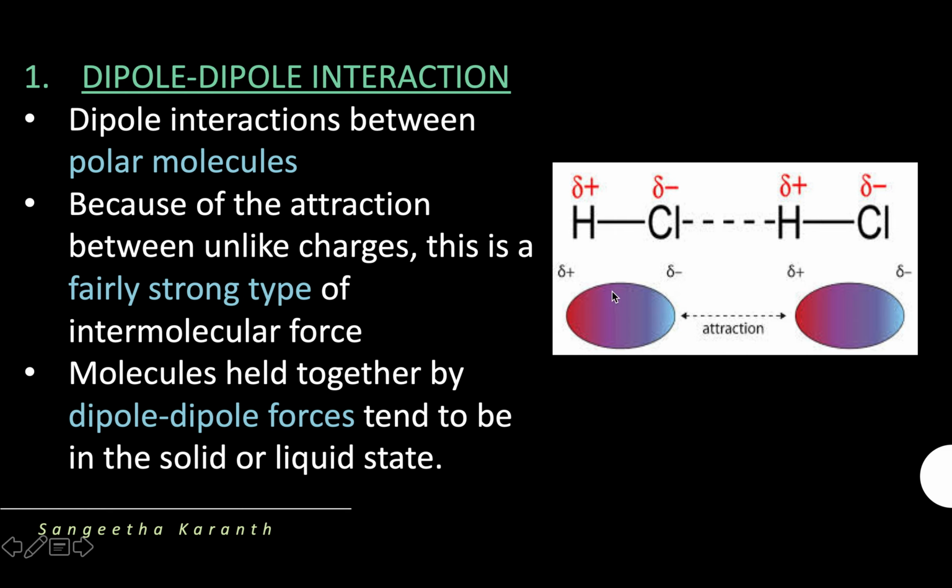Because this is a dipole formed by the separation of charges, and this is one more dipole formed by the separation of charges. The interaction between these two dipoles is called dipole-dipole interaction. It is a fairly strong type of interaction because it is between two permanent dipoles. They can exist either in solid or liquid state.